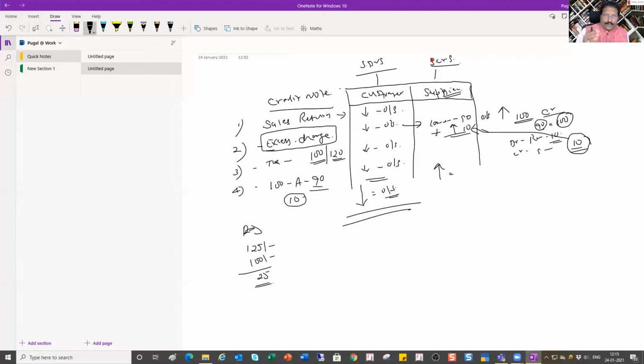Generally, the majority of cases where you raise a debit note is to your supplier, and the predominant type of transaction where you pass a debit note is, first of all, purchase return. Sales return is the credit note, purchase return is going to be your debit note. We will see the debit note in detail in the next session.